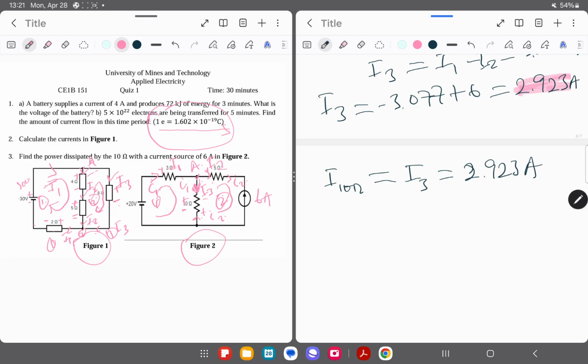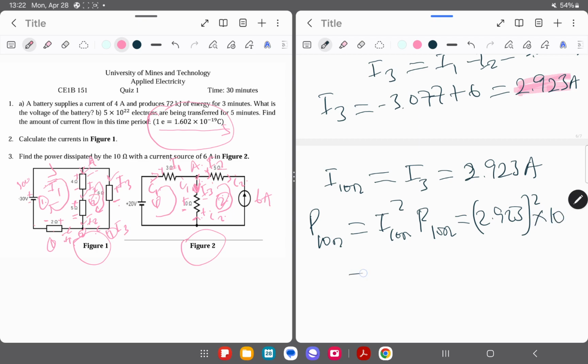Now power is just going to be equal to the current squared times 10 ohms. It is now going to be 2.923 squared times 10.